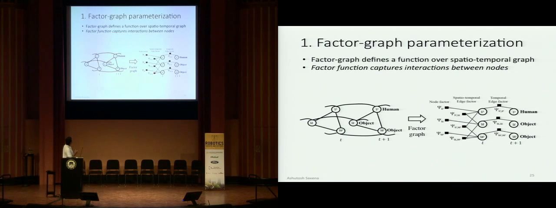These are the node factors which represent the observation of the object itself, which means that if you are trying to figure out where the object is, the pixels in the image that tell me what that object is are represented by this node factor. The relationship between the two objects is represented by this factor, and the relationship between humans and time is represented by this factor, and so on. So you come up with this representation.